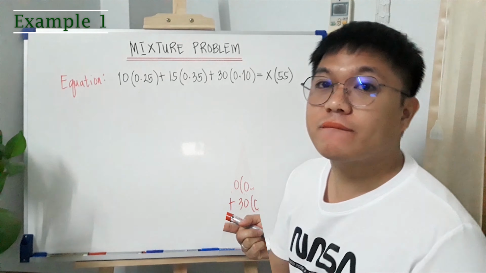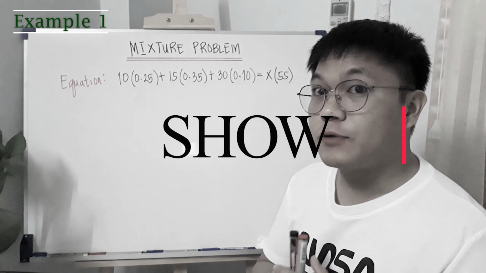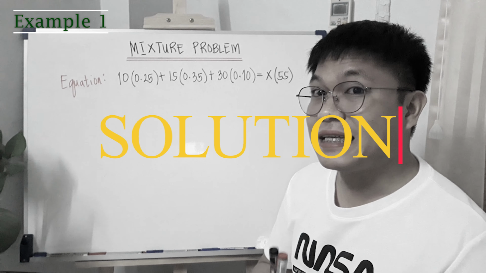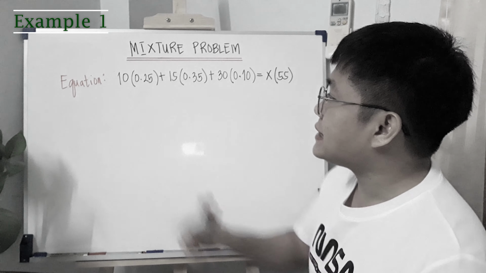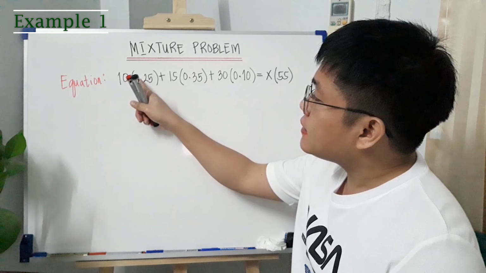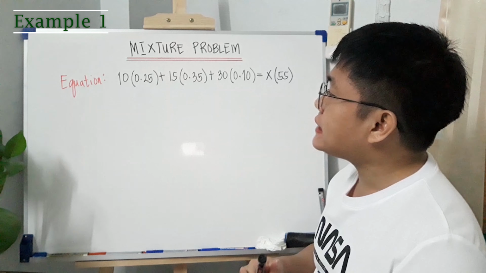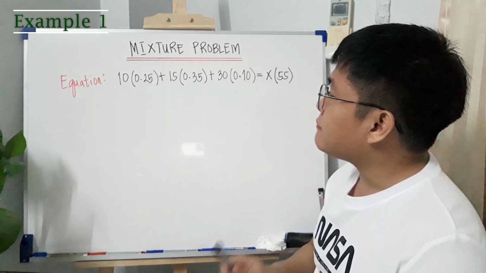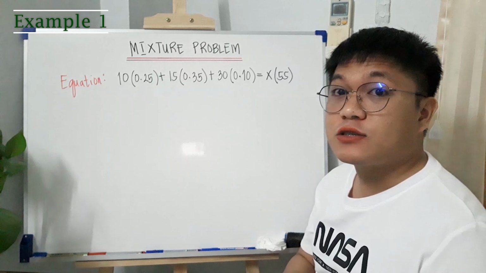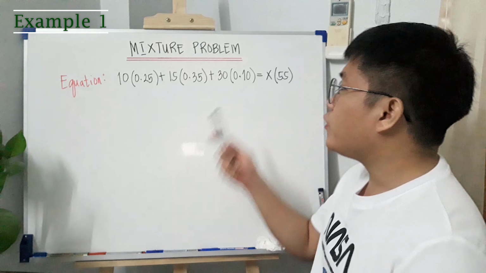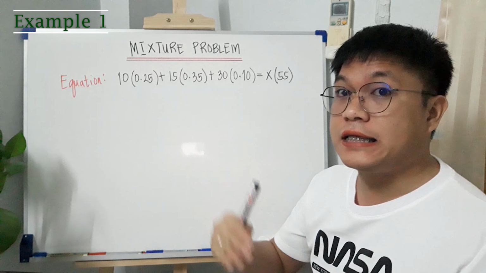So we will use this equation now to solve for the percent concentration of salt in the total mixture. Based on our problem earlier, we formulated this equation: 10 times 25 hundredths plus 15 times 35 hundredths plus 30 times 10 hundredths is equal to x times 55, the total number of liters.